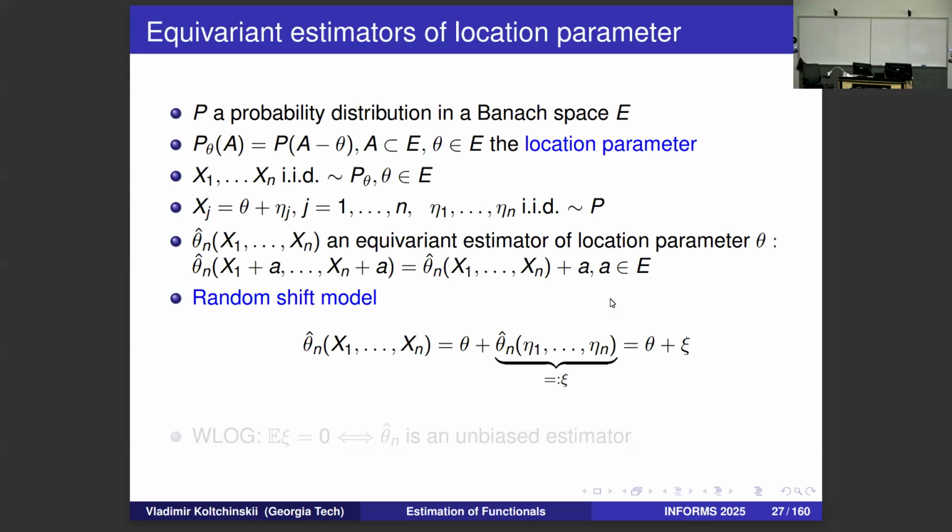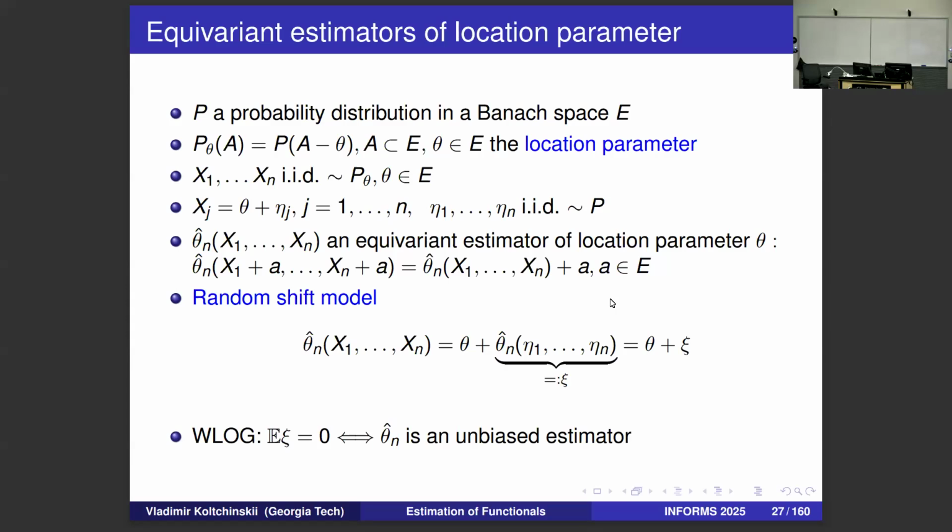We can also, without loss of generality, assume that this noise has zero mean. This assumption is reasonable because we know the distribution P, the only unknown thing is the parameter, and P does not depend on the parameter. The expectation of xi does not depend on theta, so it's known to us.